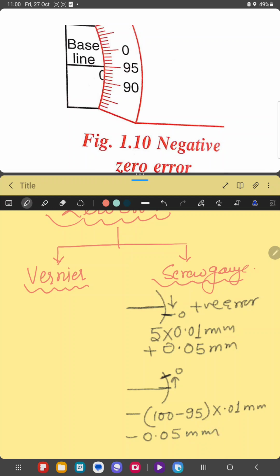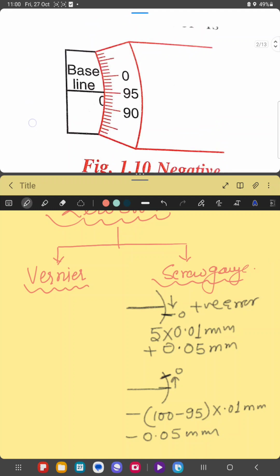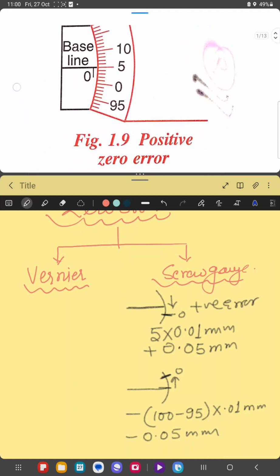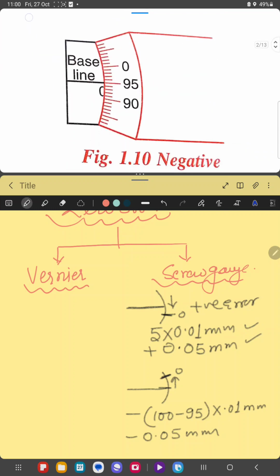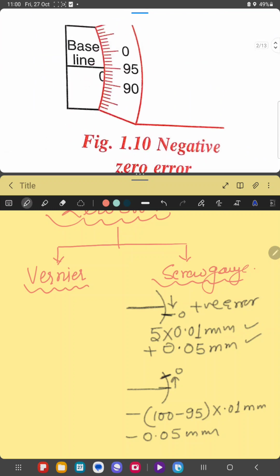This is for the circular scale of the screw gauge. So positive zero error is when the zero is below, and negative error is calculated as 100 minus 95, as I have shown in the diagram.